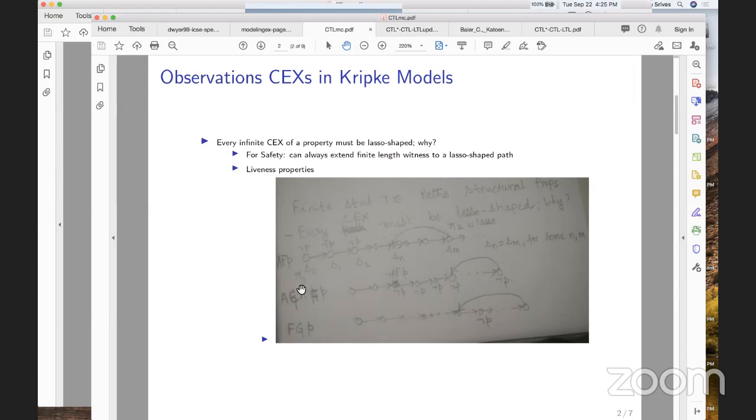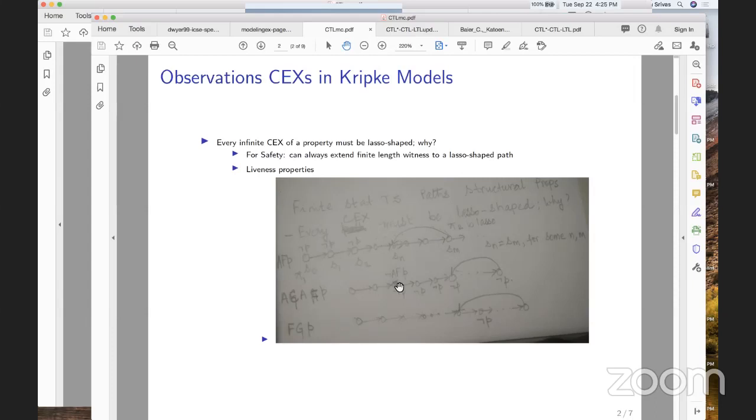Viewed recursively, it is saying globally forever, AF of P is true, which, since it's an AG property, means your witness has to have at some point a state in which AF of P is false. That is, not AF of P is true.